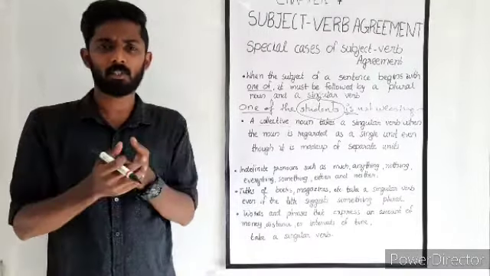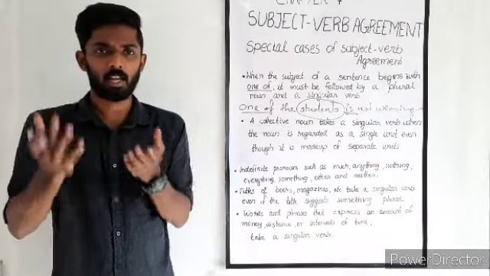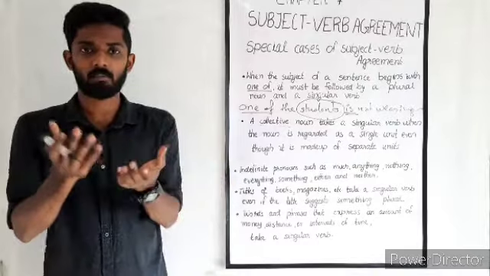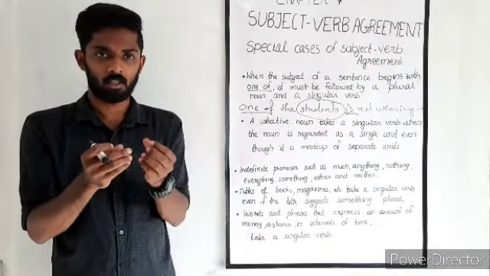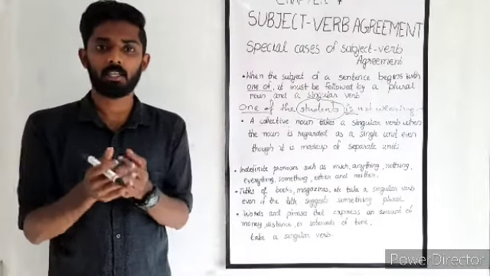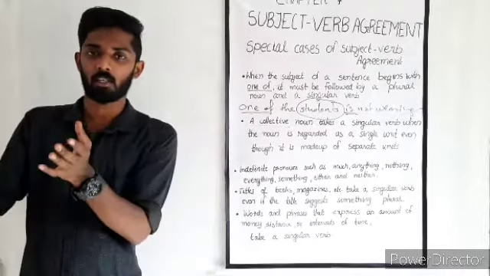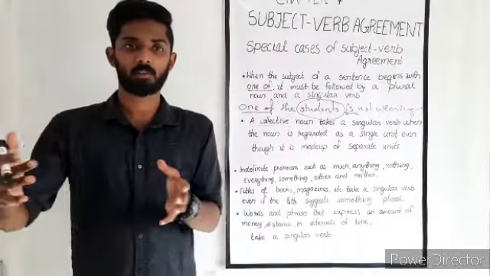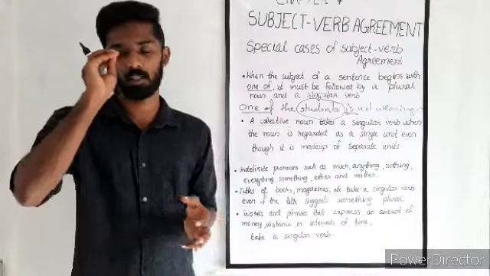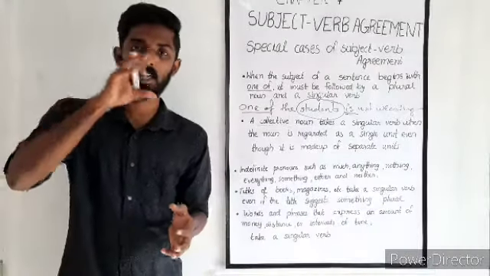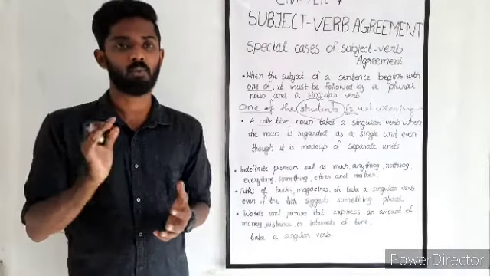Another thing which we have to keep in mind is that indefinite pronouns such as much, anything, nothing, everything, something, either, and neither take a singular verb. Like, much was left unsaid between the two friends. Much means it could be a plural unit, but even then, since the word much takes a singular form, we will use a singular verb form in the sentence.